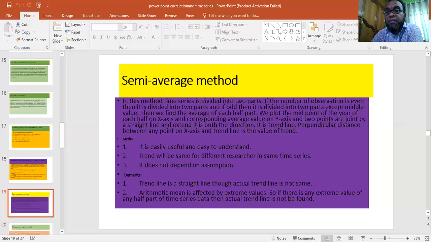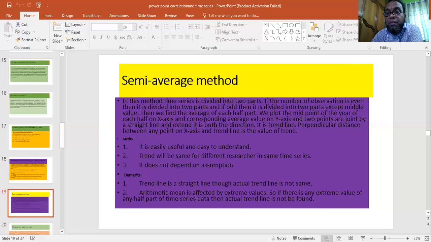Say 7 years are given, then you exclude the middle year, that is the fourth one, and find the average of the first 3 and the last 3. So in this way you will find the average.